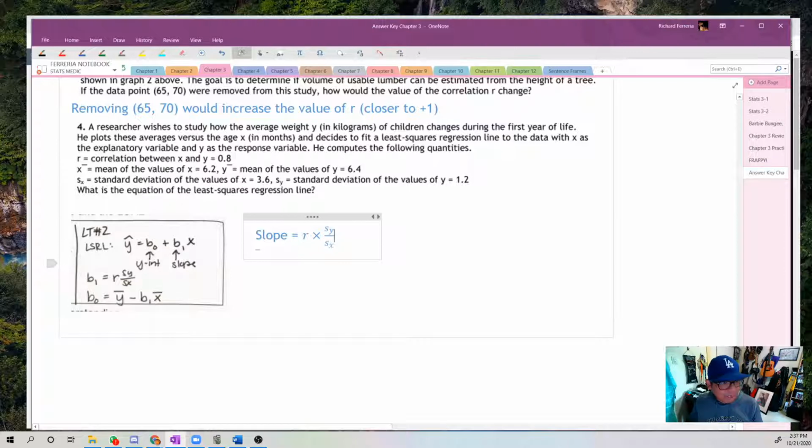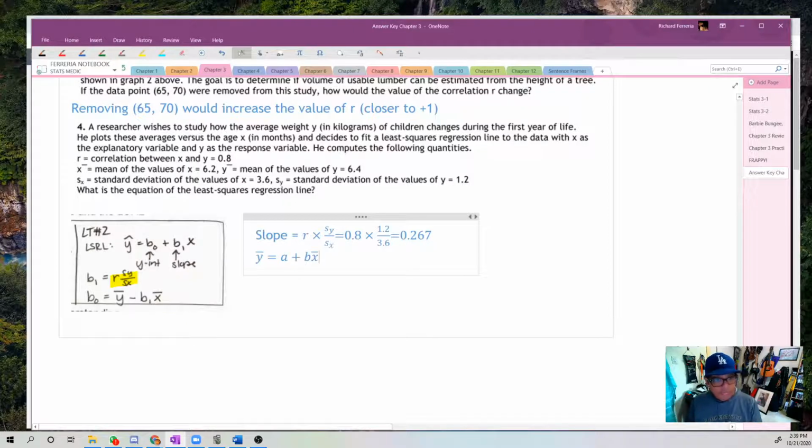That's what we see here in this first equation. They give us all of those quantities, so when we substitute, we get 0.267.